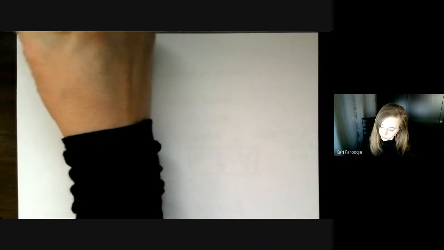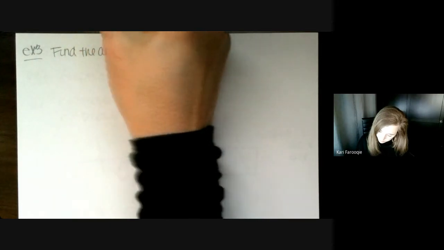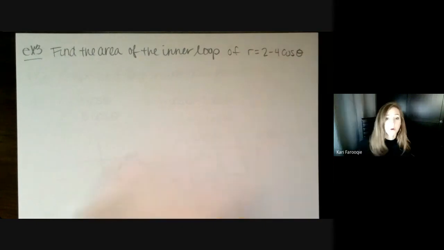Trying to show you guys a variety of graphs. So example 3 will be: find the area of the inner loop of r equals 2 minus 4 cosine theta.